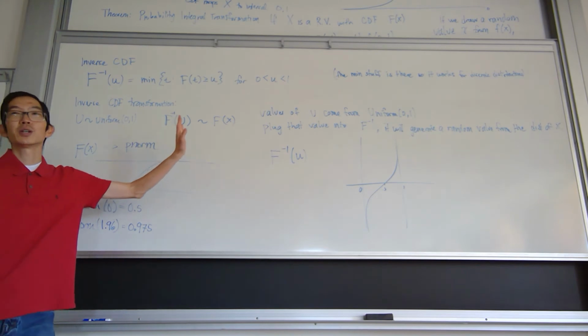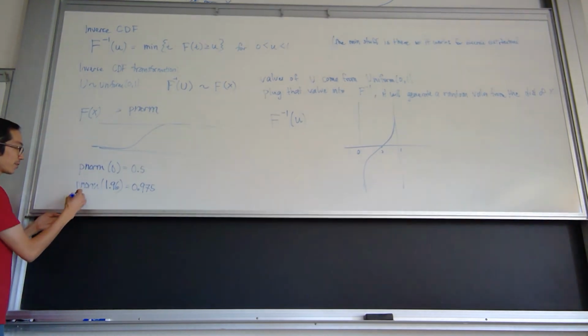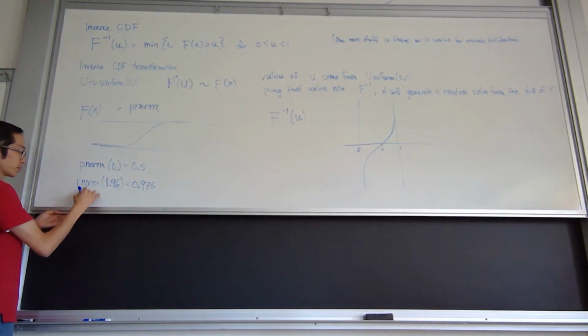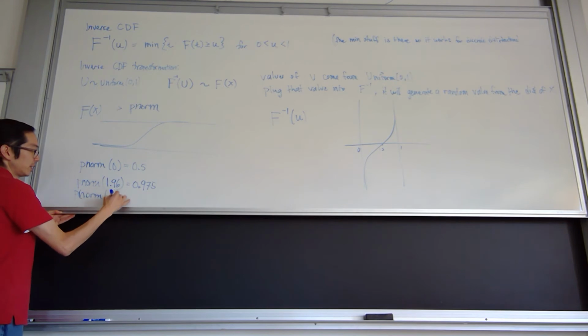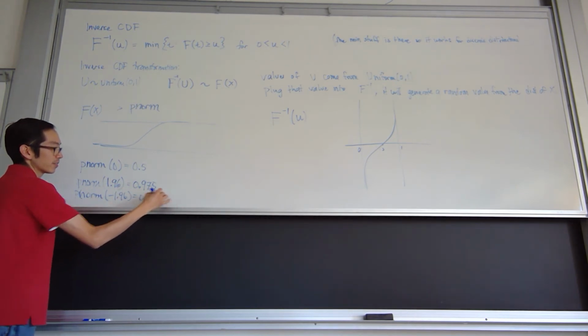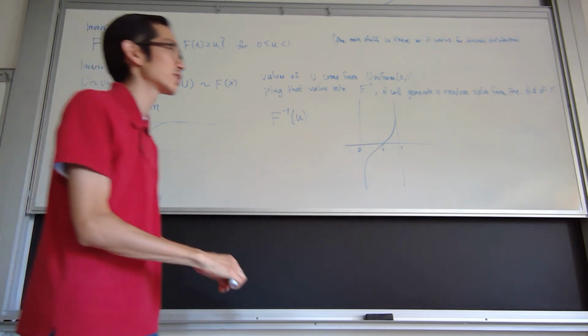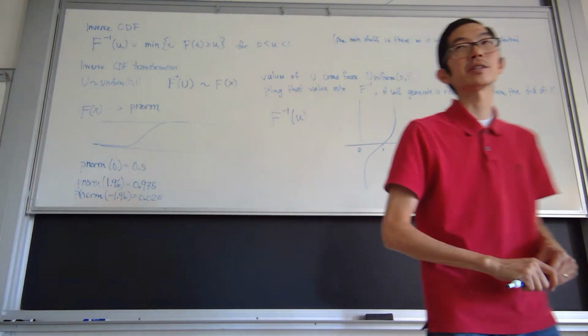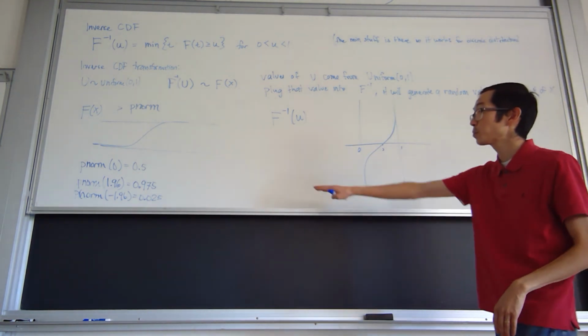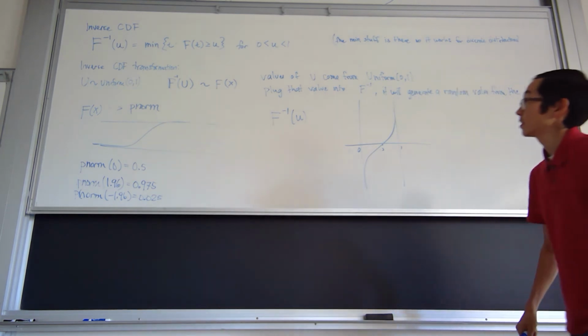Because if you go to 1.96 and negative 1.96, you get the middle 95%. So pnorm of negative 1.96 is 0.025. And that's how we say plus or minus 1.96 gives you the middle 95%. Okay, so that's pnorm.